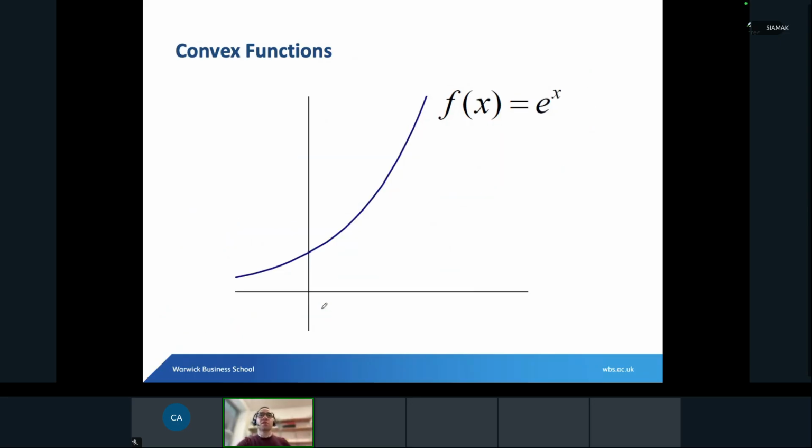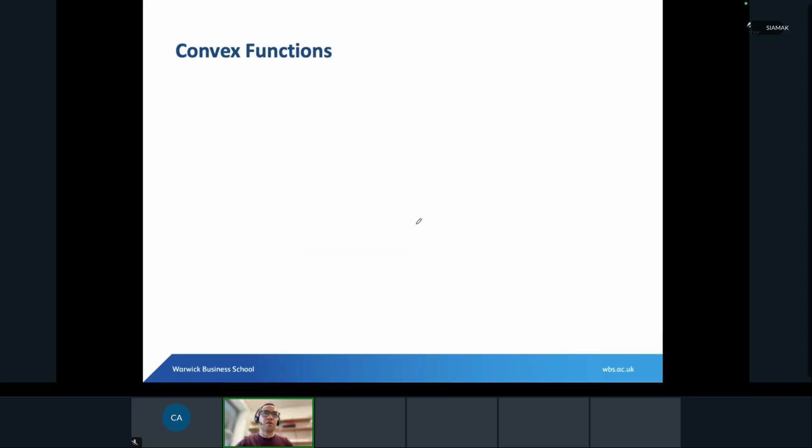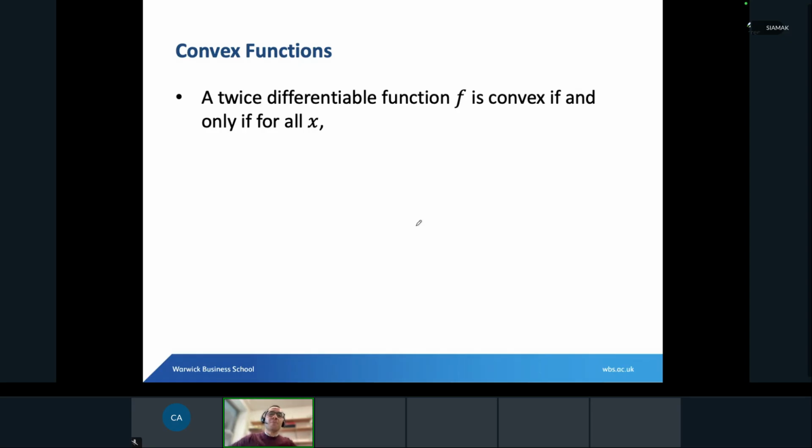This is another function that we have, e to the power x. You can see that it goes until infinity, but still it is a convex function because if you choose any 2 points, still the line is above the function. Now, as I said, visually you can just see if a function is convex by looking at its shape.